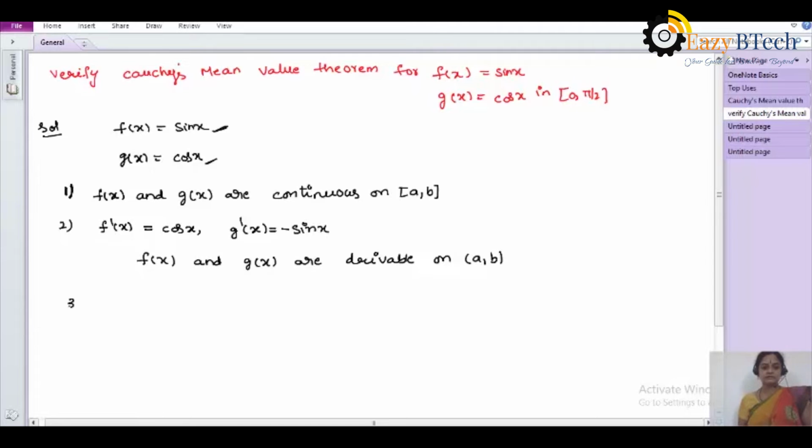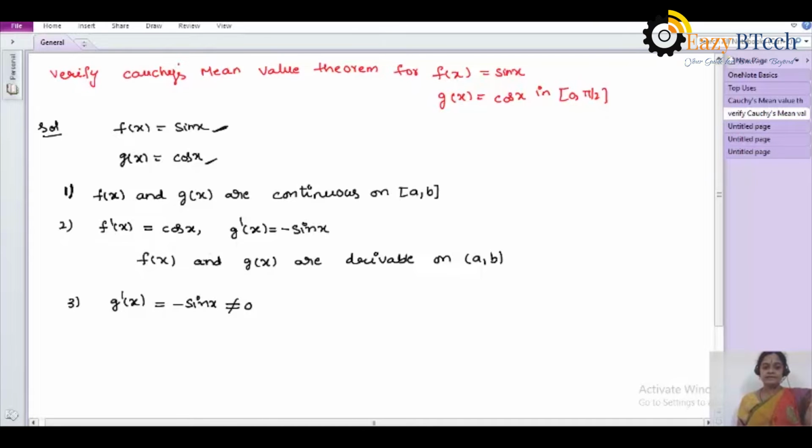And what is the third condition, students? Of course, the third condition is g dash of x is minus sin x, which is not equal to 0. So hence the given two functions satisfy the three conditions. What are they? First one is continuous, second one is derivable, and third one is g dash of x is not equal to 0.